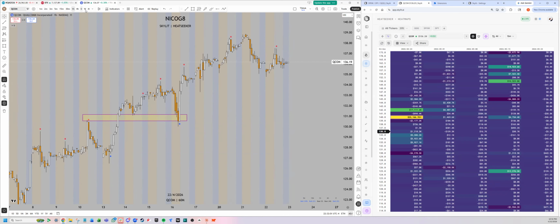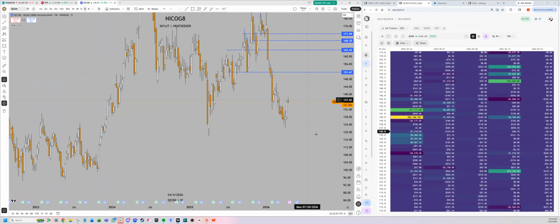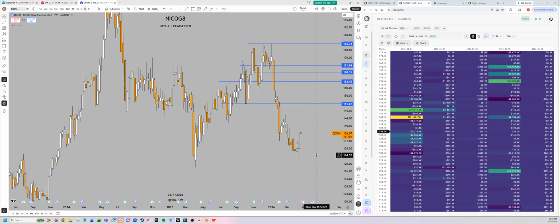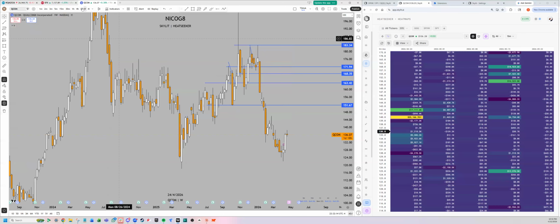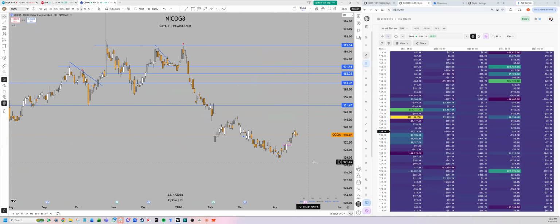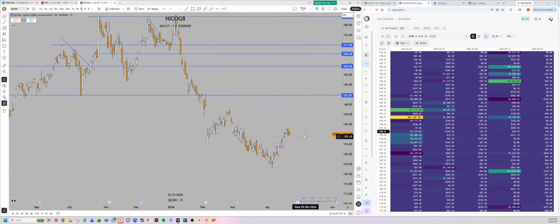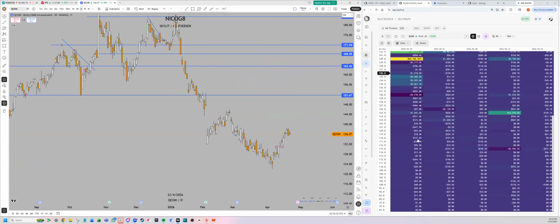Qualcomm longer time frames. Oh, is this a longer term thesis? Drop to what though? I don't know where you mean. Like down here to 120? 125, 130?